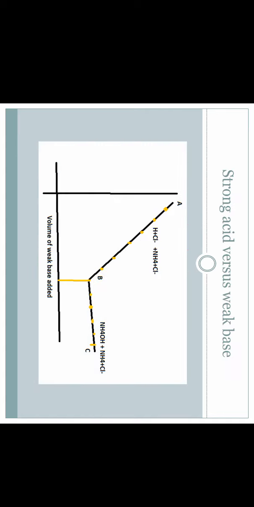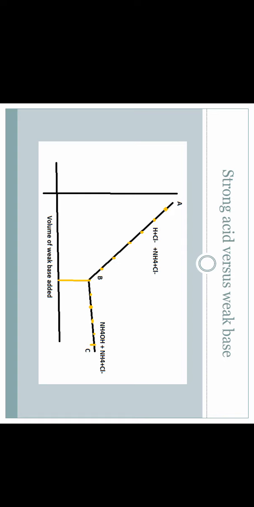It will form a salt NH4Cl, along with the practically unionized water. Now the strong acid has a higher conductivity, so the graph starts from the point A and slowly goes down by the addition of the weak base. Okay, and the graph is represented by H plus Cl minus along with the formation of NH4Cl.